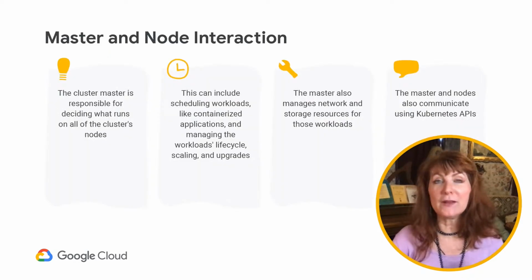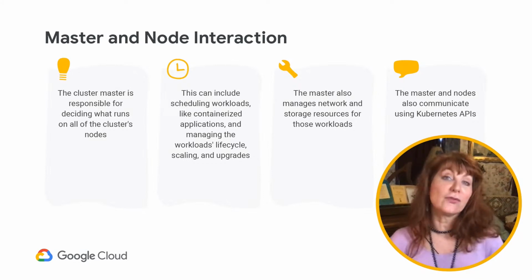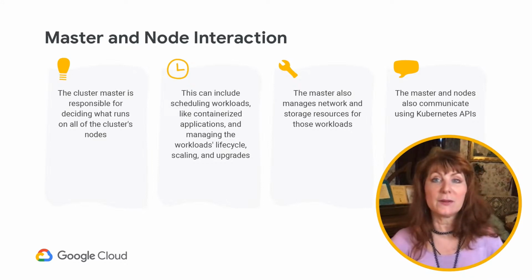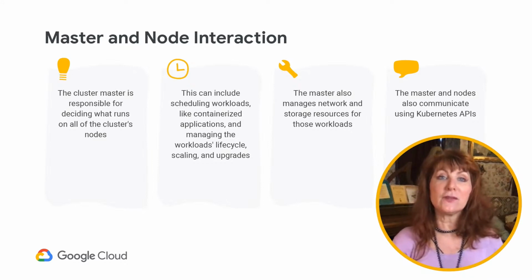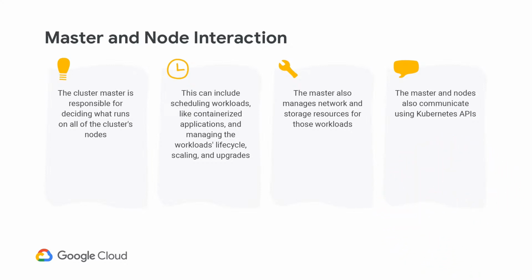The cluster master is responsible for deciding what runs on all the cluster nodes, and this can include scheduling workloads like containerized applications, as well as managing the workload's lifecycle. In addition, it can do scaling and upgrades. And the master also manages network and storage resources for the workloads.